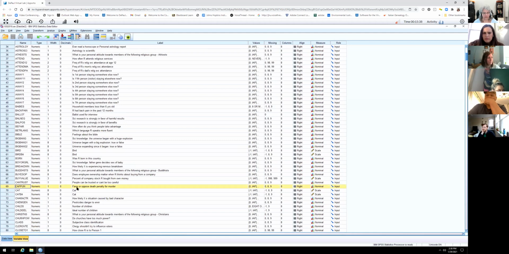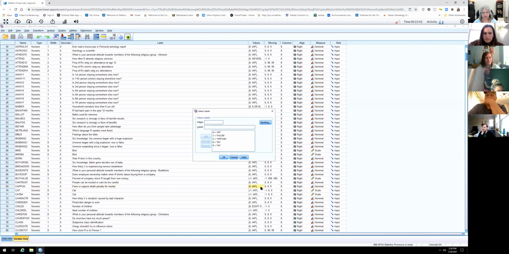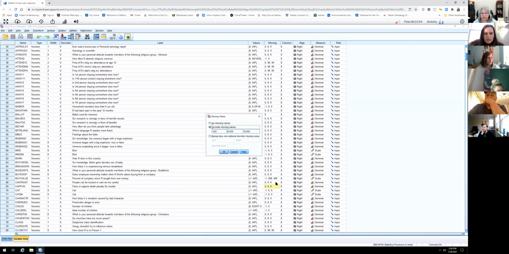And you can see the title of it is favor or oppose the death penalty for murder. They have favor and oppose. That's what we're going to analyze. And again, 0 is inapplicable, 8 is don't know, 9 is not available. So we want to make sure that those values are considered missing and not part of our data that we're going to analyze. And sure enough, they're coded. All right, back to the data view.